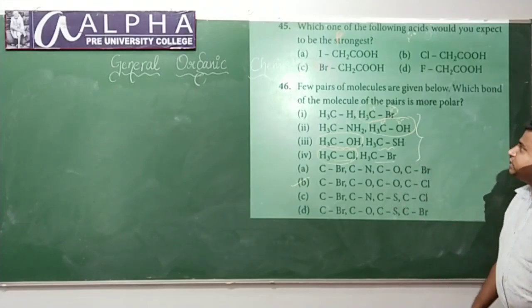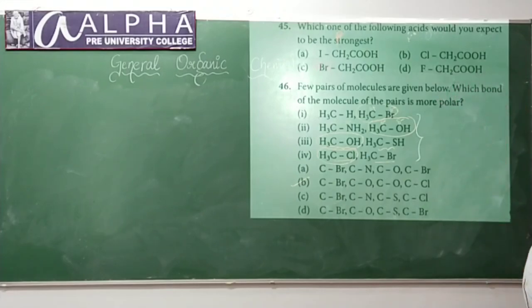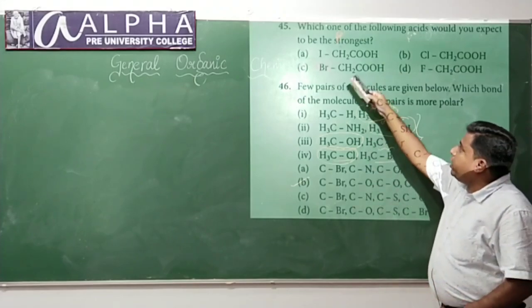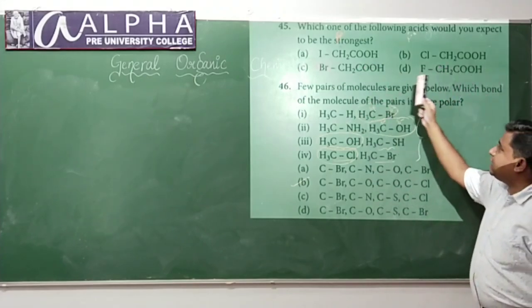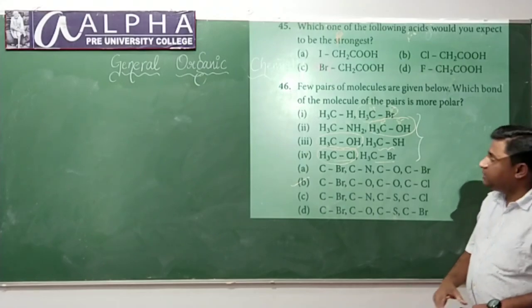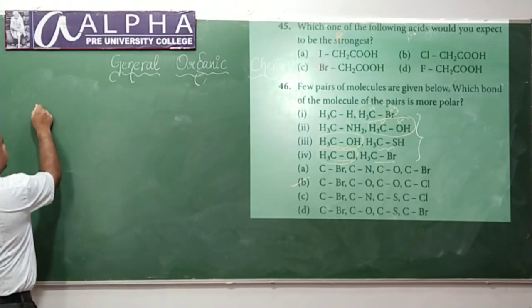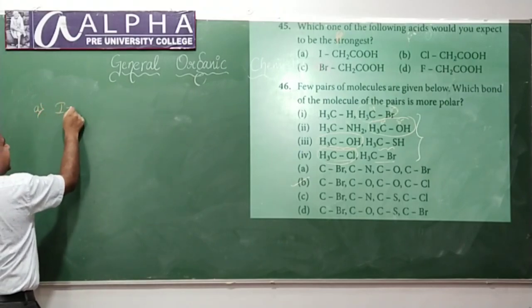The 45th question says, which one of the following acids would you expect to be the strongest? So we have iodoacetic acid, chloroacetic acid, bromoacetic acid, and fluoroacetic acid. Yes. So let us write the options. Which are those? We have iodoacetic acid.